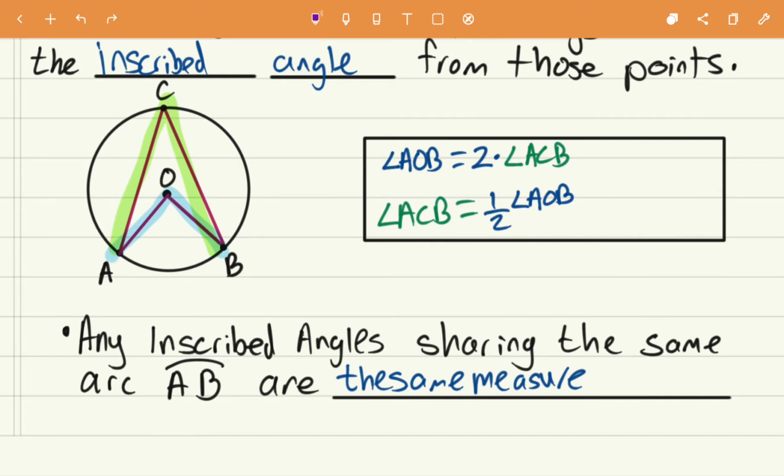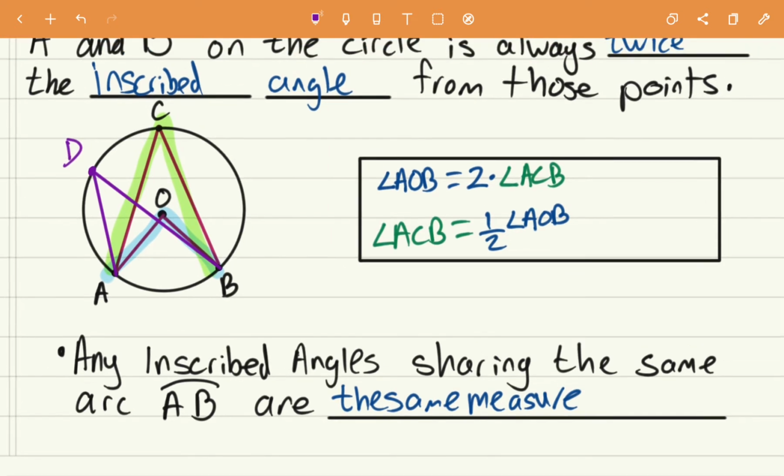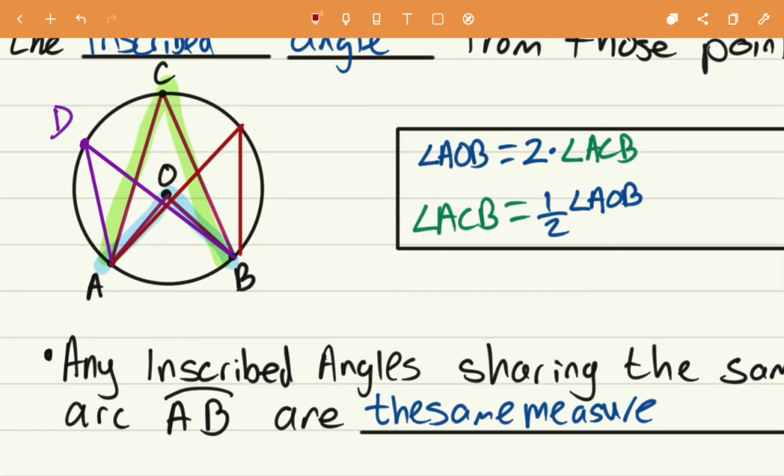But let's say we place an angle here at D. That inscribed angle is the same measure as ACB. Same goes if we put another one here, pretend that the endpoints line up. These angles all have the same measure. They might all be 35 degrees or whatever.